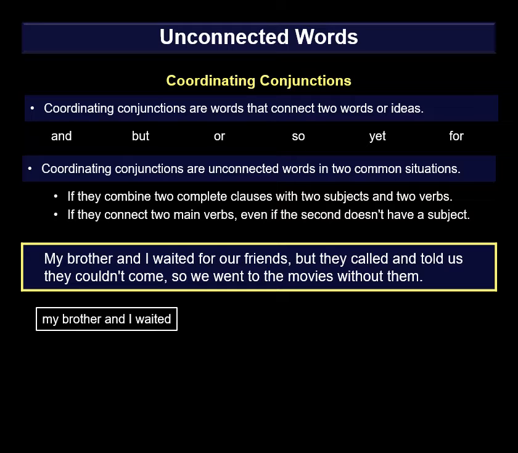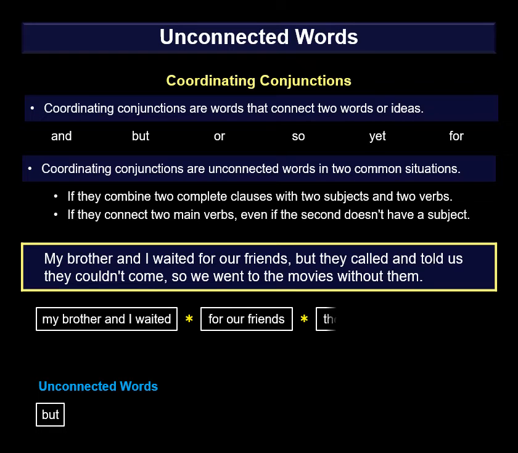So and is connecting a compound subject inside the clause. So and is connected here. Next, for our friends. But in this case is an unconnected word because it's connecting two clauses, two chunks.